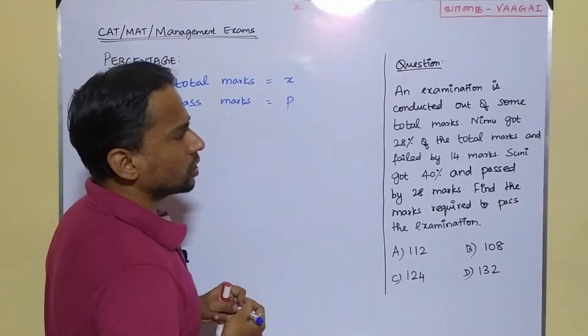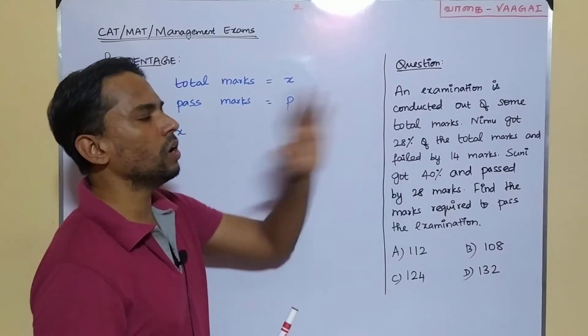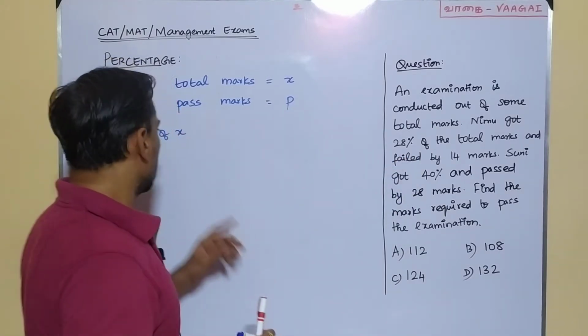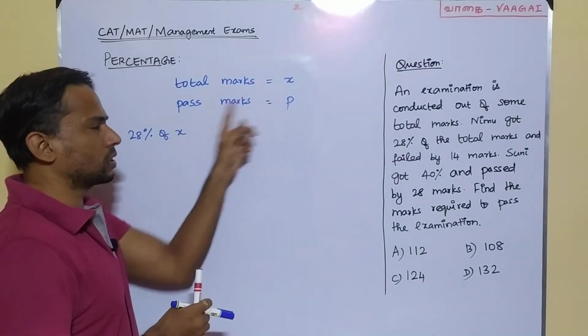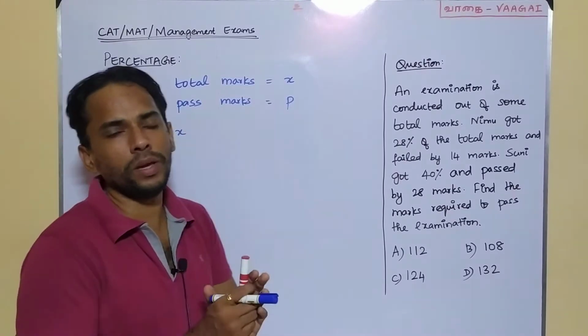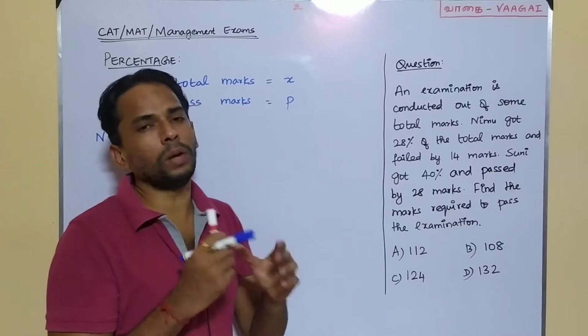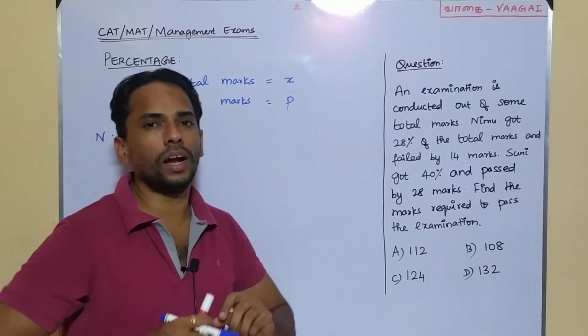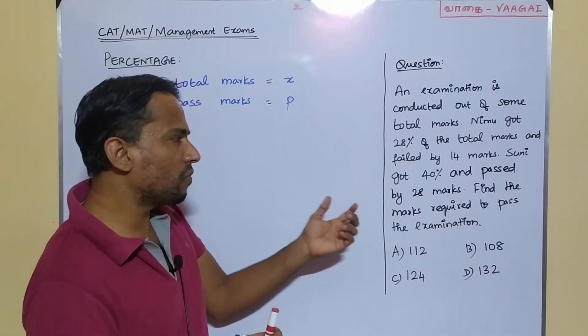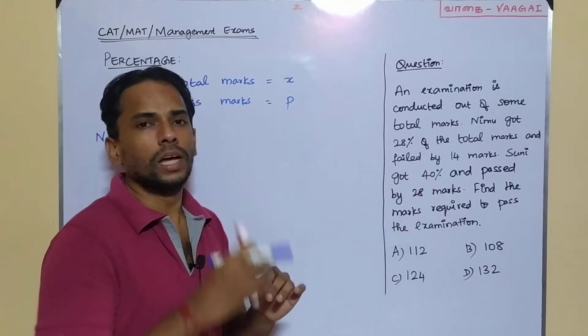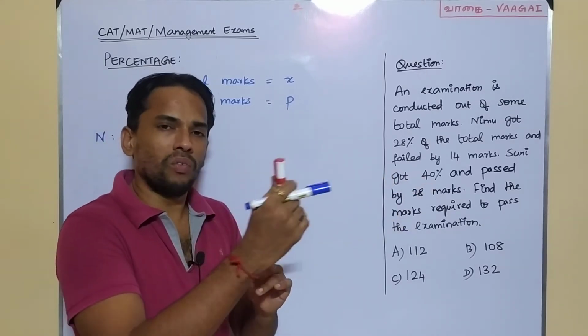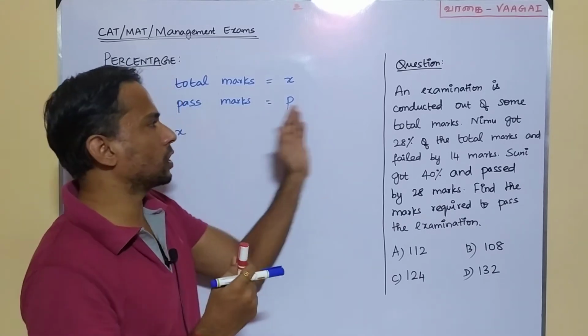And Nimu is failing the exam by 14 marks. What do you mean by failed by 14 marks? It means that mark is 14 marks less than the pass mark.